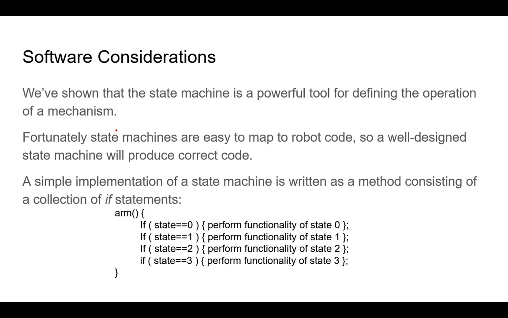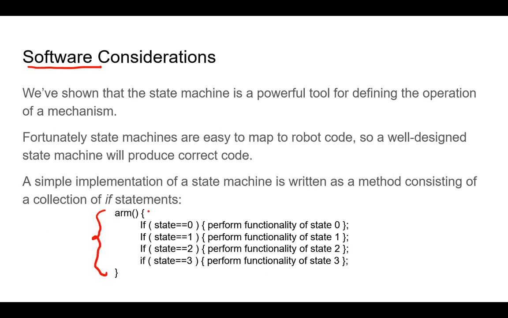If we're going to put it on a robot, this is all an issue of software. And for FTC, the software we're going to be using is Java, and we're going to be writing a set of methods and Java statements that will implement each state machine in our robot. As indicated down here, a state machine is basically just a method.